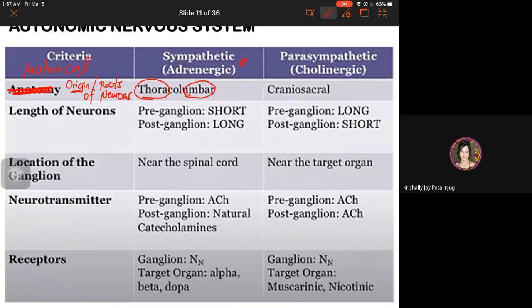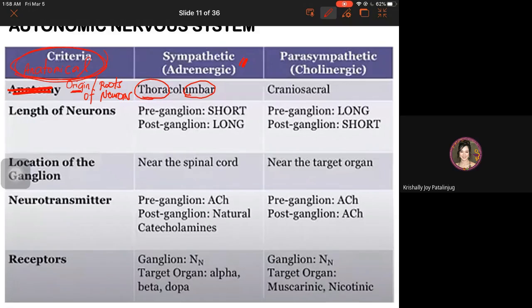Thoracic region, lumbar region of spinal cord. These are part of the anatomy of the body, anatomy of the spinal cord. That is why with this whole table, we distinguish the differences of sympathetic and parasympathetic nervous system based on anatomical features. Now, still under sympathetic neurons, again, they are found or originated in the thoracolumbar region, thoracic and lumbar region.